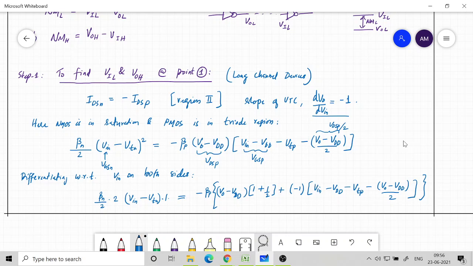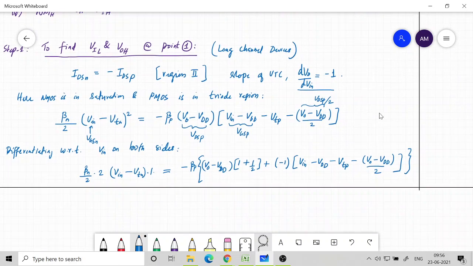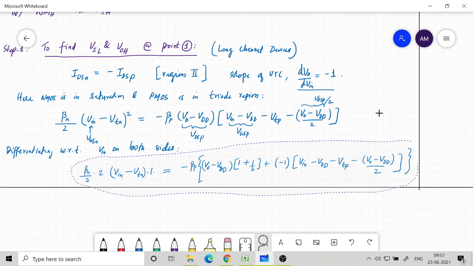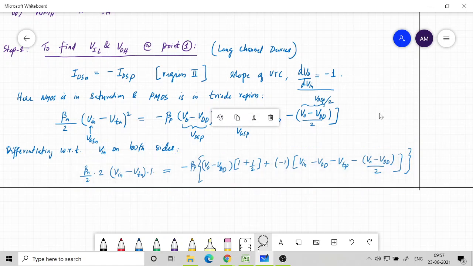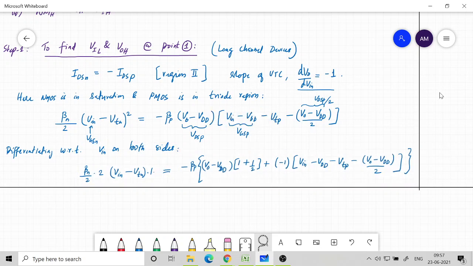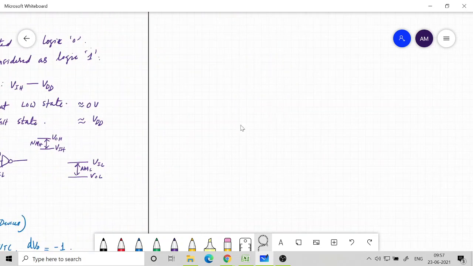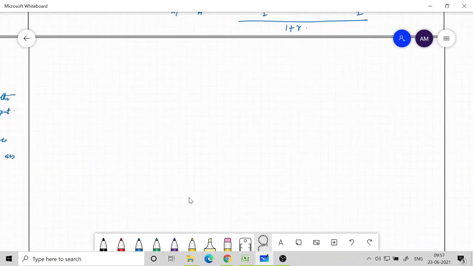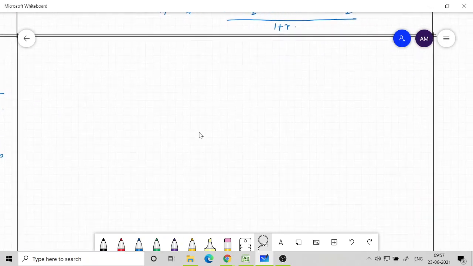Okay, so now I need to simplify this. So let us take this term and go to the top. Copy. So this is our point 1. Paste.